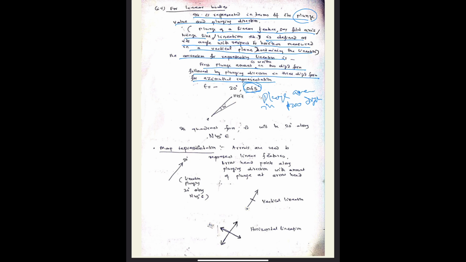So, if we say 20, 045, this is the plunging direction, north 45 degrees east, and the plunge amount is 20 degrees. So first we write down the plunge, then the plunging direction in azimuthal form.